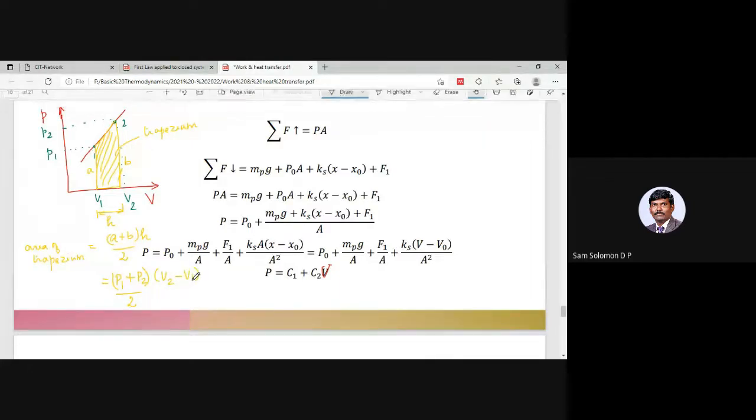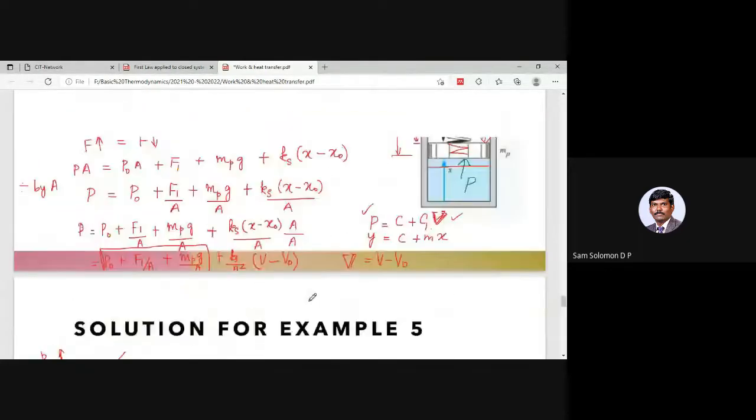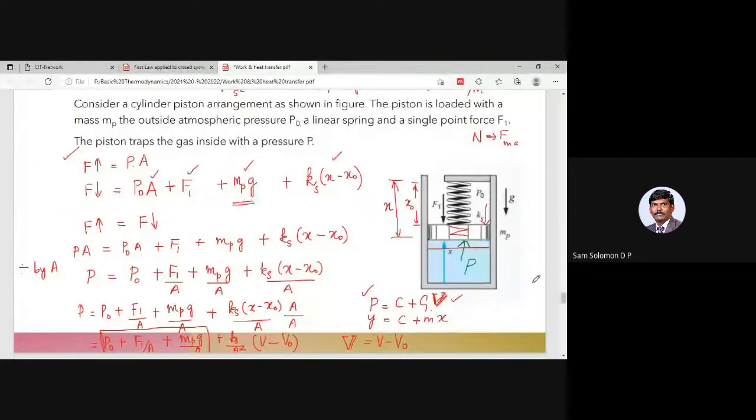Okay. So when you have a problem which involves a cylinder piston arrangement which is exposed to atmospheric air, and it has got a single point force, not necessarily all the time, sometimes the single point force may be 0, no problem. But you have got this atmospheric pressure and this spring.